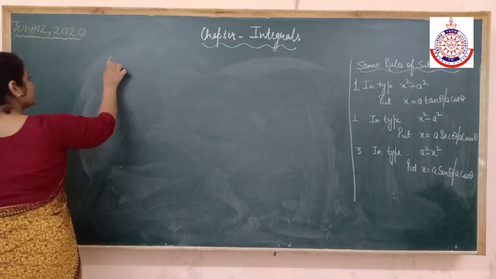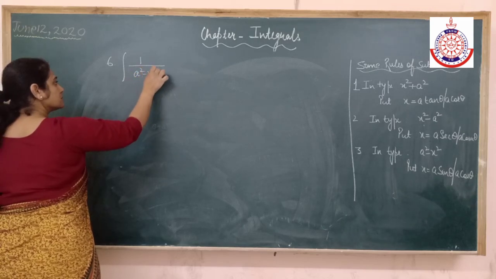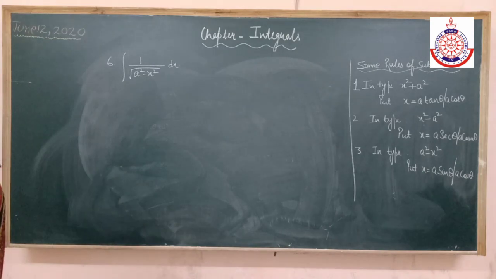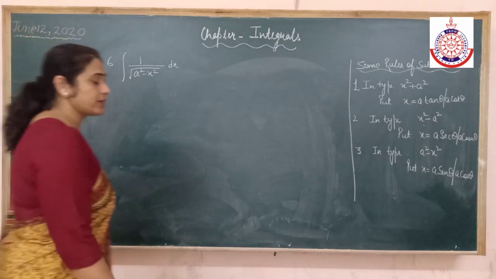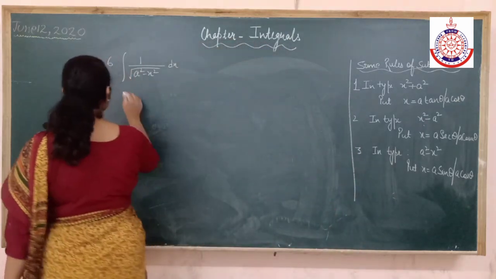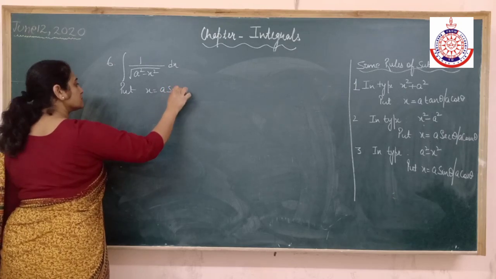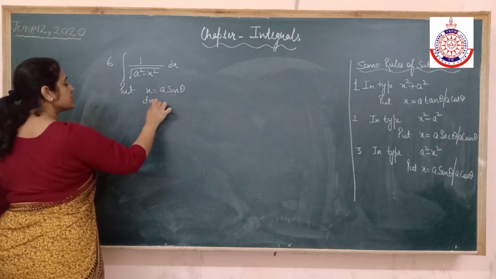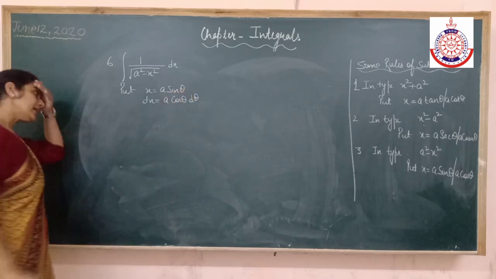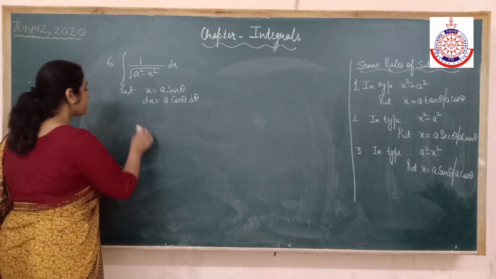What was that? Which form is it? A square minus x square, the last one. So I'll put x is equals to a sine theta. Differentiate. Alright, differentiation of x with respect to theta.